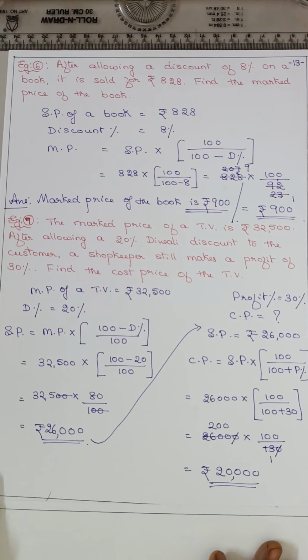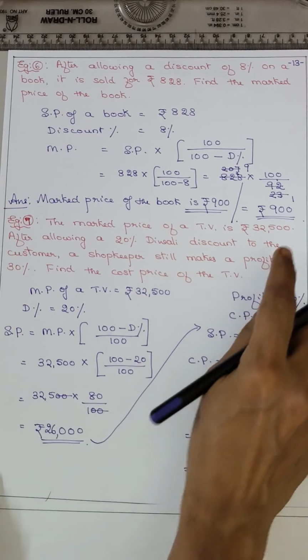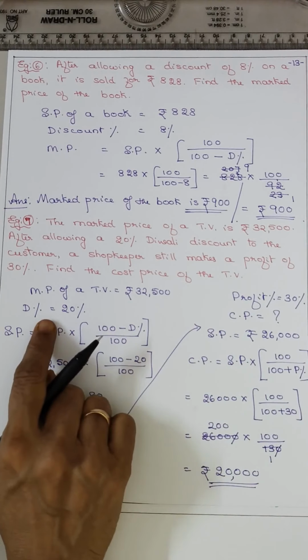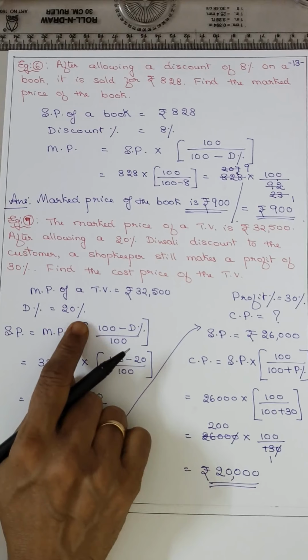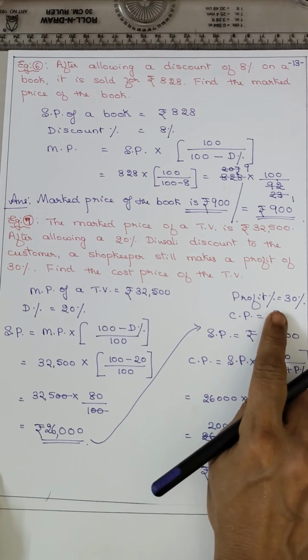Hope all students understood. So the marked price is given, 32,500. Discount percent is 20%. In spite of that, he will make a profit of 30%.